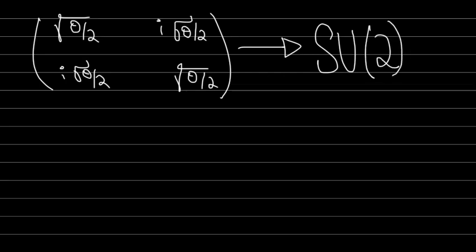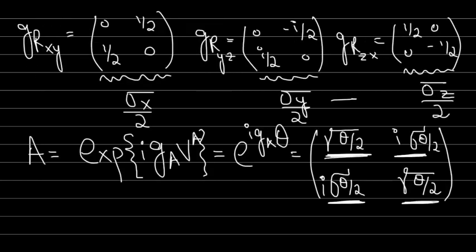So we asked the question earlier: is there a two-dimensional representation of rotations in 3 dimensions? So I said that we play around with the algebra and we get these two-dimensional matrices which are going to work for our question. Those were the G's that we wrote, that is GRXY, GRYZ, and GRZX, at the top.